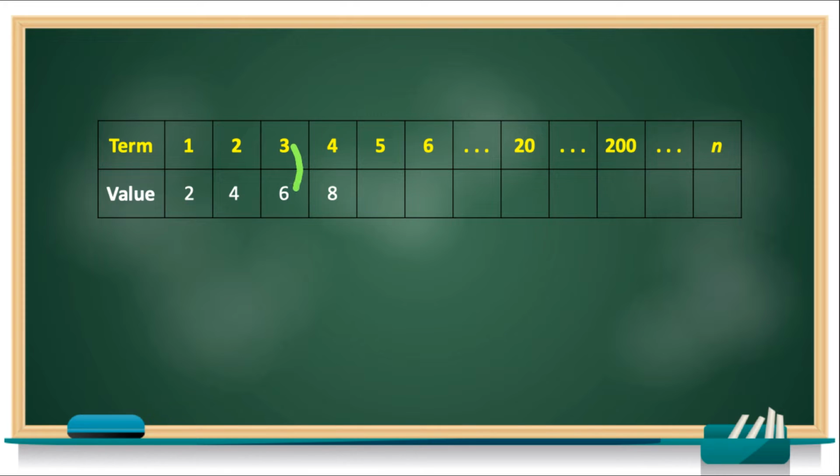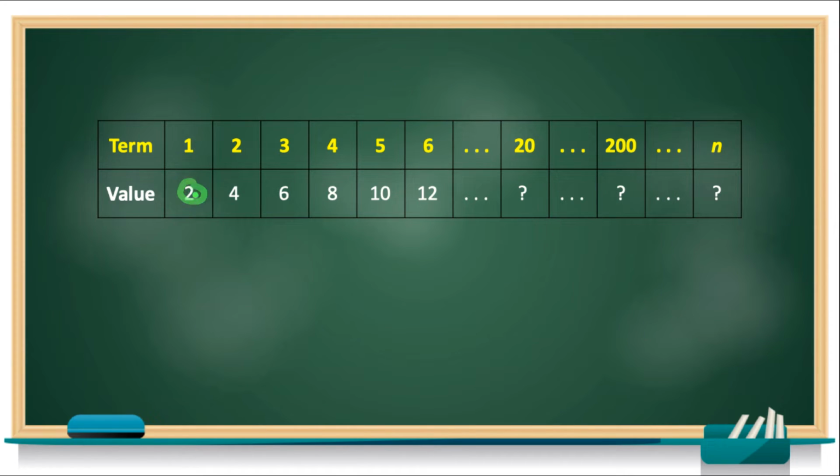Then 6, 8, 10, 12, and we don't know yet the value of the 20th term, and the nth term in the sequence. To find the rule that describes the sequence, notice that the value of each term is twice the value of the position of each term.